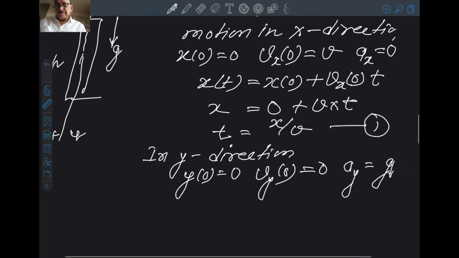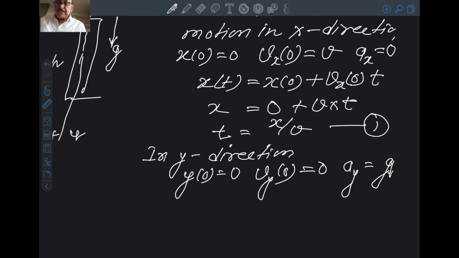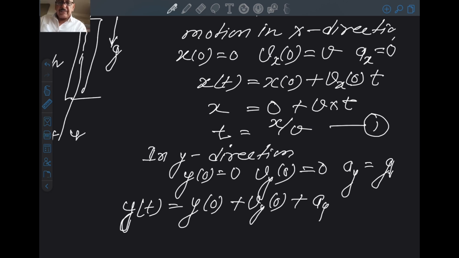Now we can write yt equals y0 plus vy0 t plus half ay t square.